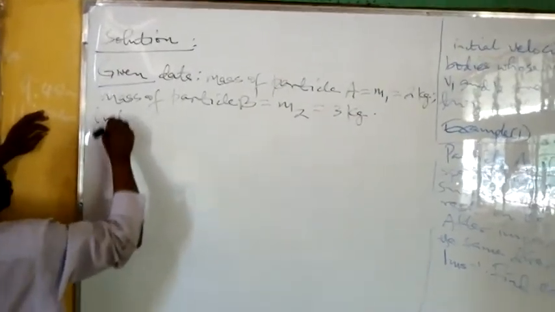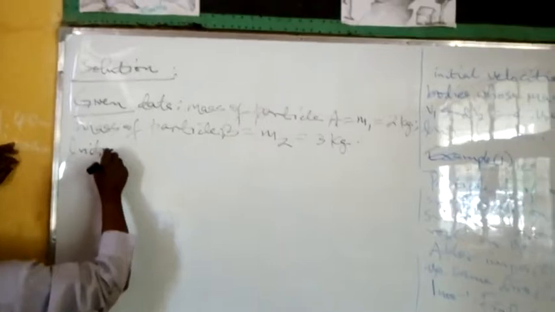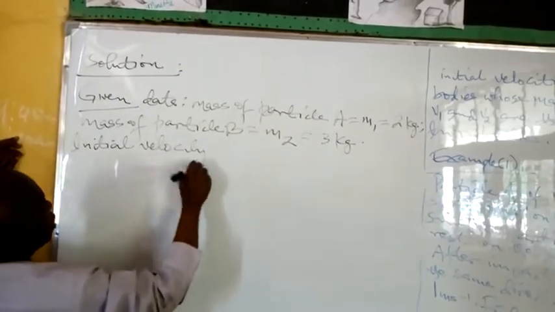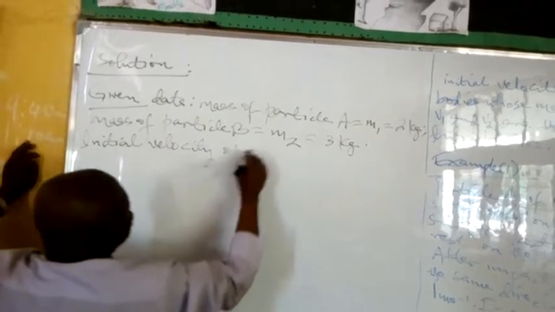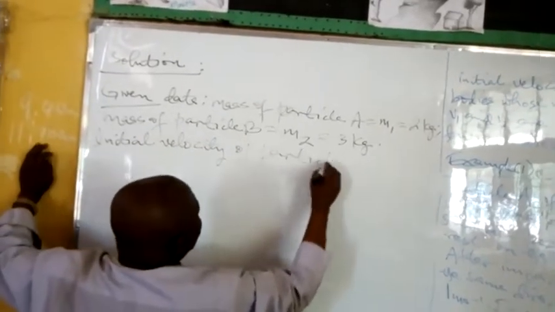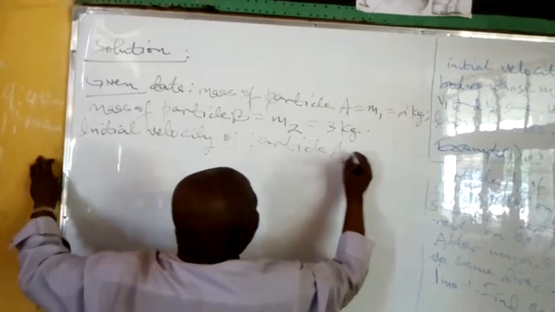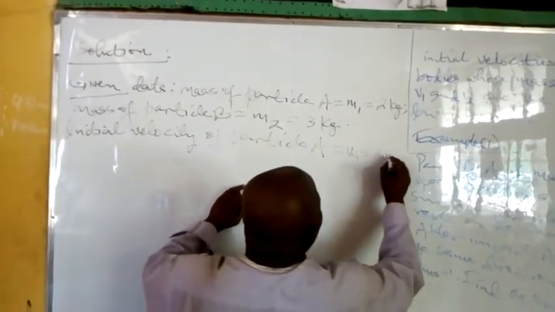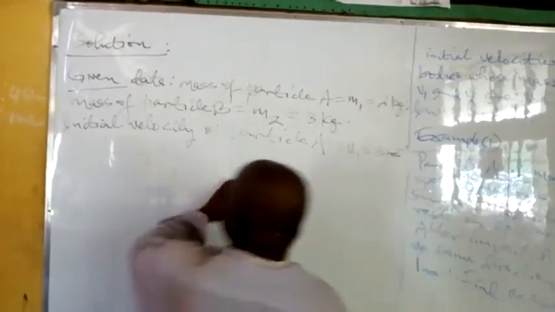Initial velocity of particle A is equal to u1, which is 3 meters per second.